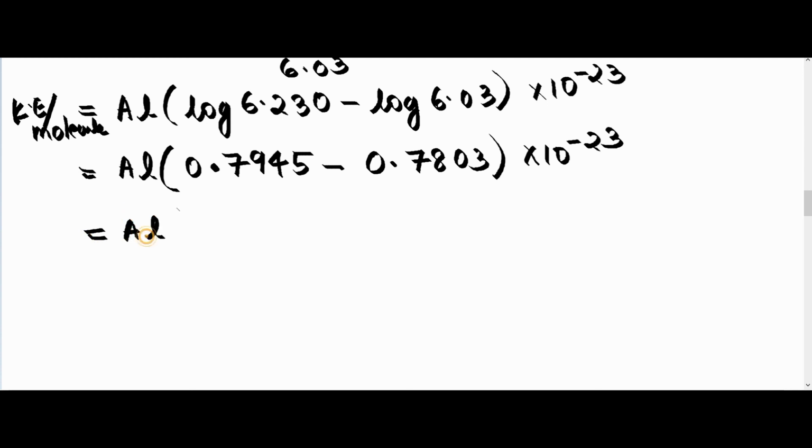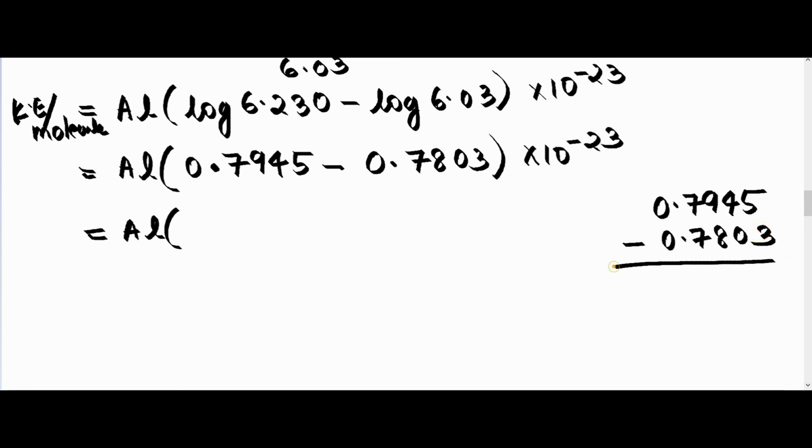Now subtract these two numbers: 0.7945 minus 0.7803. 5 minus 3 is 2, 9 minus 8 is 1, 7 minus 7 is 0, so 0.0142 is the number whose antilog we have to calculate.